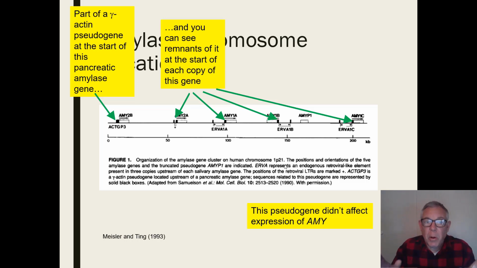But before or around this promoter, there's part of a pseudogene that doesn't really do anything, but it's similar to a gene elsewhere in the chromosomes or in a different species, or it's a pseudogene that doesn't function. And so all those copies also have part of that pseudogene. Well, this just goes along for the ride. It doesn't affect the expression of that amylase gene. It's just an artifact that when the gene got duplicated, this pseudogene also got duplicated.